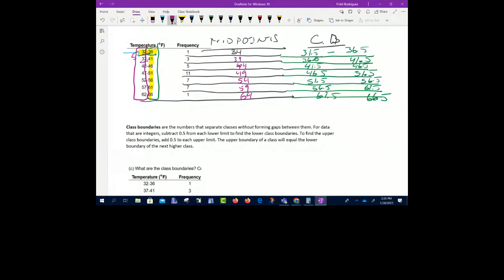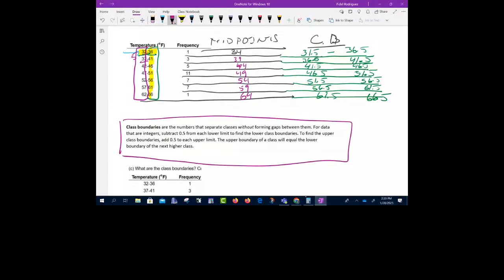So y'all, I do have just a little tiny paragraph right here about the class boundaries. So again, just so you know, y'all, subtract 0.5 from each of the lower limits and add 0.5 to each of the upper limits, right?